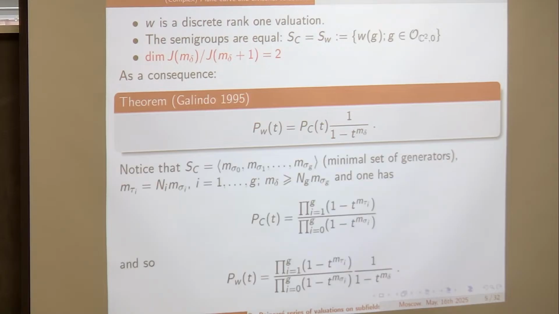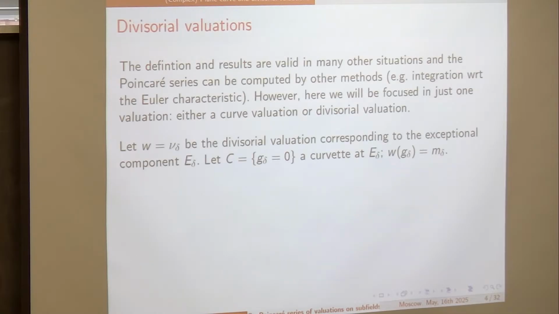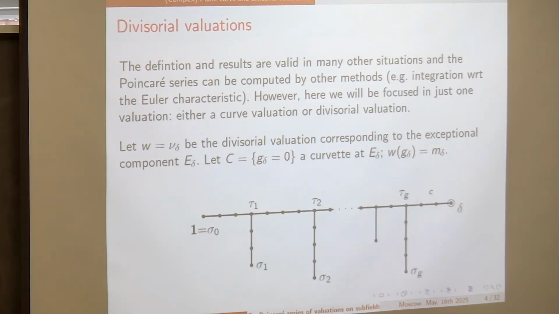Okay. So also the series given by the branch is computed in this way. It's very easy. It's known that the semigroup in this case is the semigroup generated by these values, which are given by curvettes at the extremes up here.